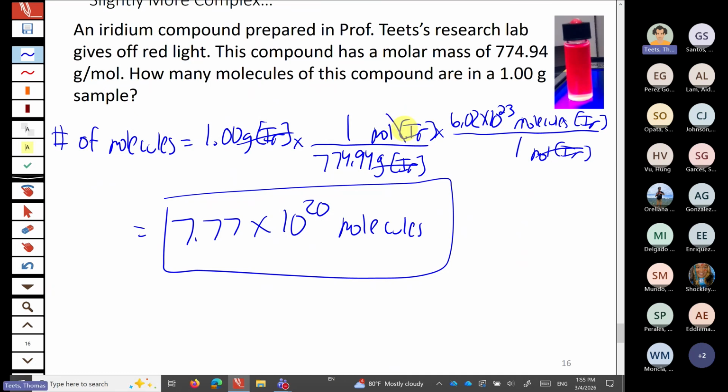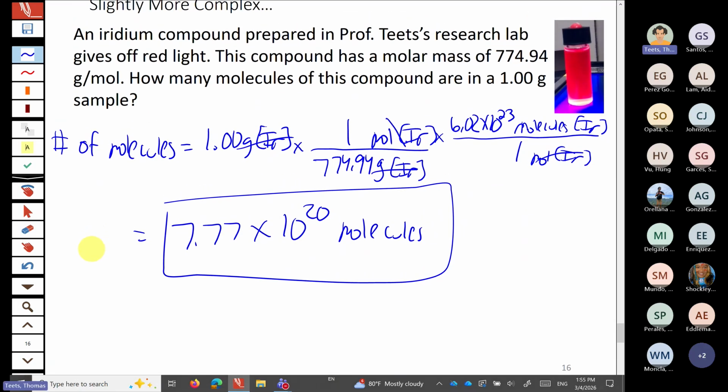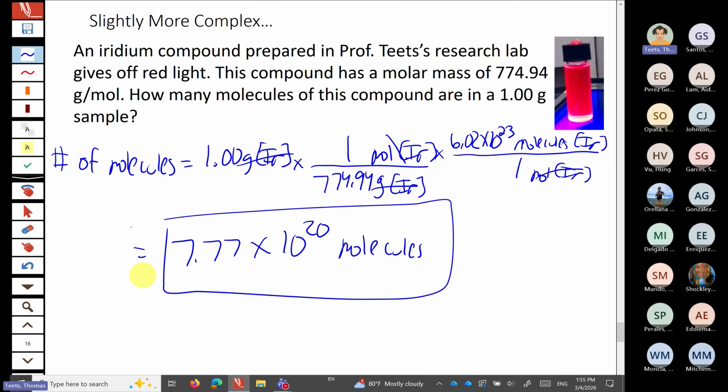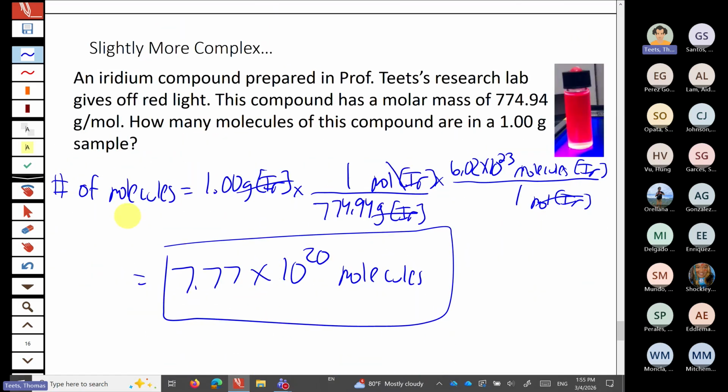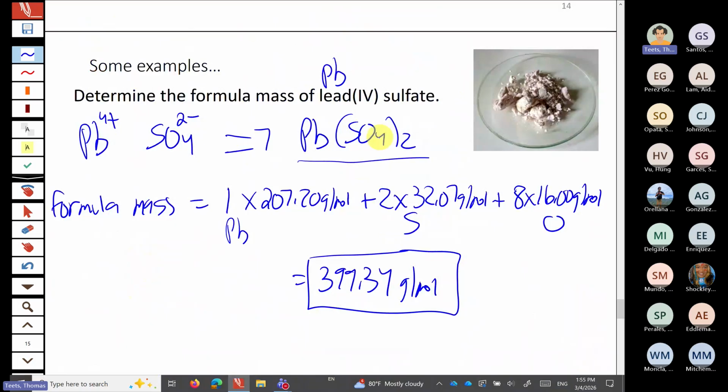All right. So that's going to be, again, similar to what we did before. So molar mass, very analogous to atomic mass. One other slight offshoot, because I don't know if I have an example exactly like this. If we had asked you, it wouldn't be possible here because we didn't have the chemical formula, but if we'd asked you, for example, in lead sulfate, how many oxygen atoms are there in 1 mole?